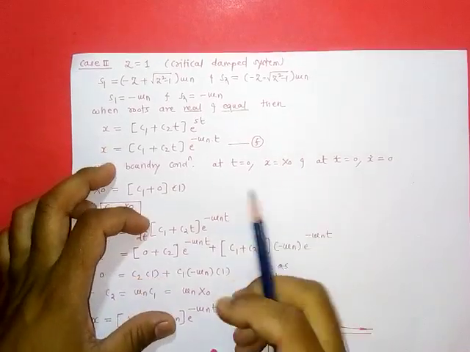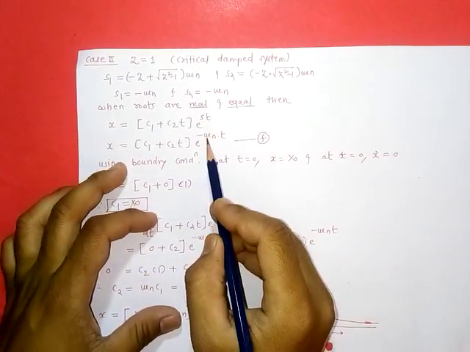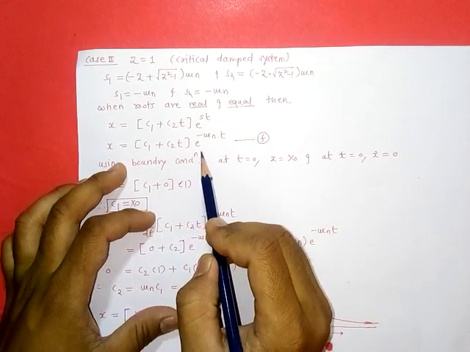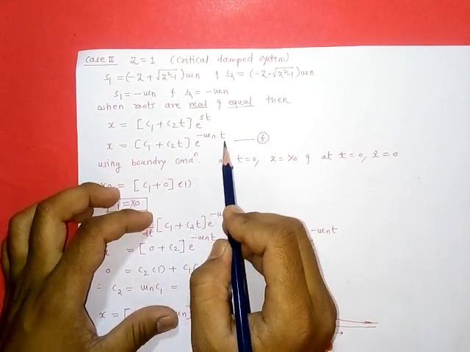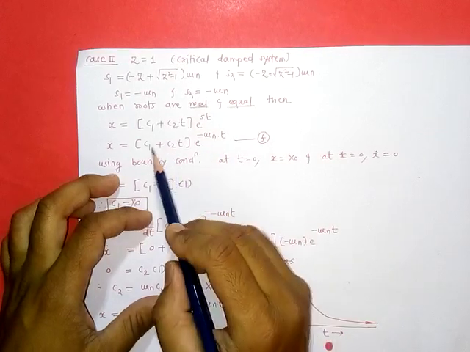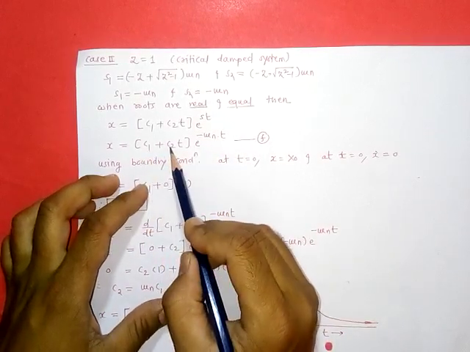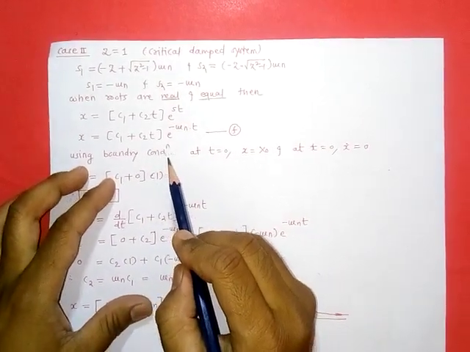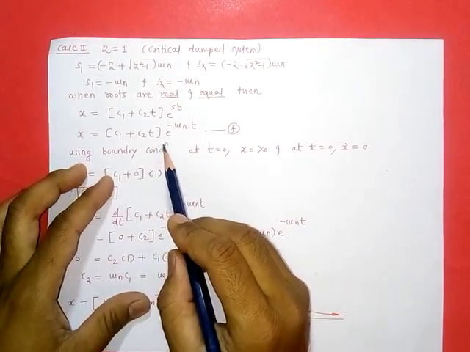Now putting the value of s in the equation, we get the solution as (c1 plus c2 t) e raised to minus omega n t. Now again applying the same boundary conditions to calculate constants c1 and c2, we assume that the system starts its vibration from the extreme end.